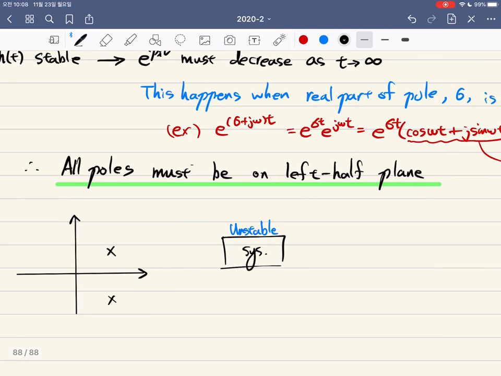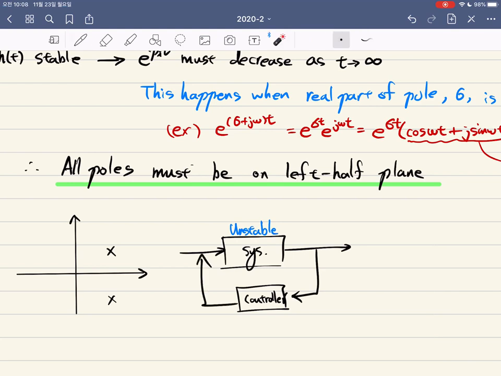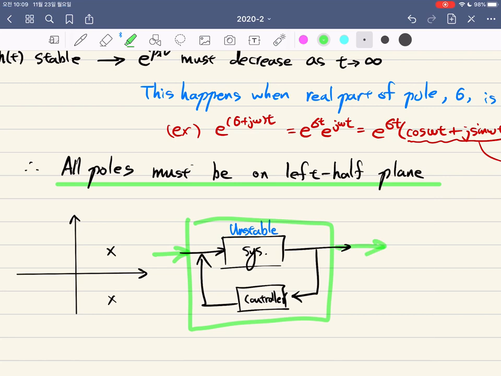And what the controllers do is that you augment this open loop system with the closed loop of some controller, such as a PID controller, to have a closed loop, and now the overall system becomes this system, and this is the input, and this will be the output of the overall closed loop system.